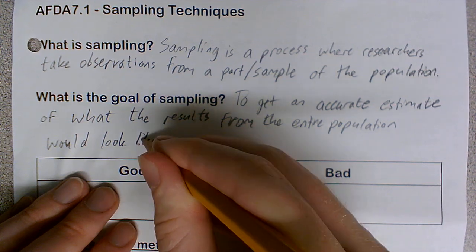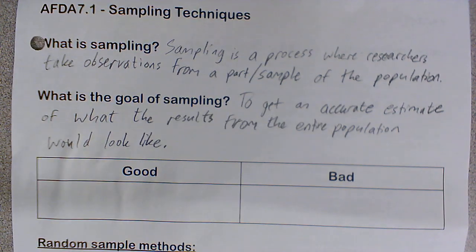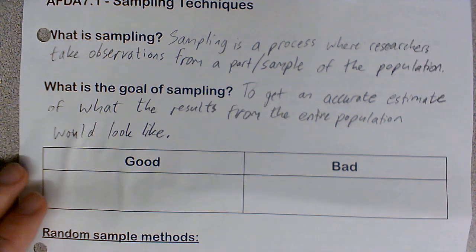So instead of conducting an experiment with hundreds of thousands of people, which would cost millions of dollars, you can instead conduct the experiment with 100. That's a lot easier to do.